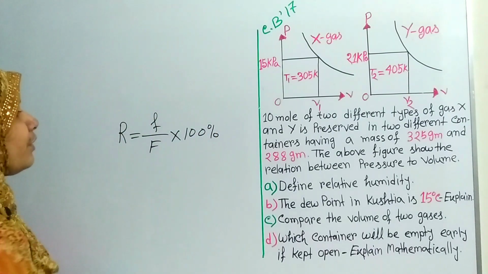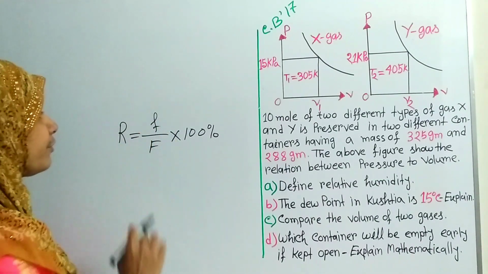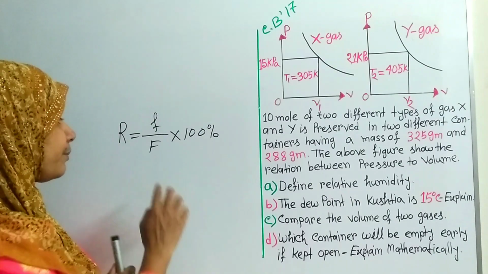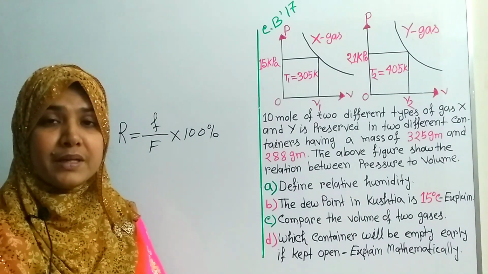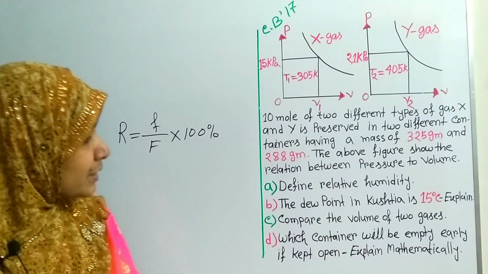With this formula we can calculate relative humidity. Here small f means the saturated vapor pressure at dew point and capital F means the saturated vapor pressure at air temperature.